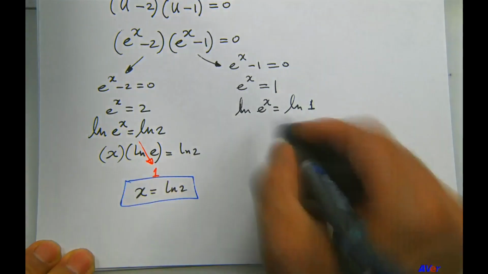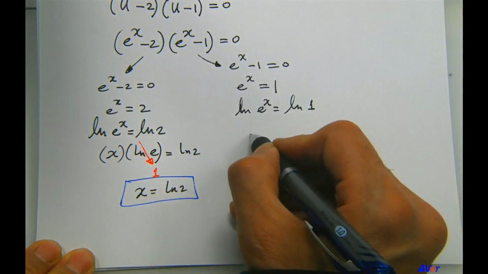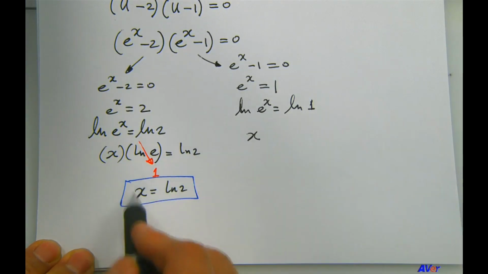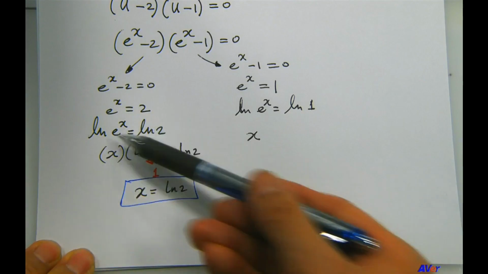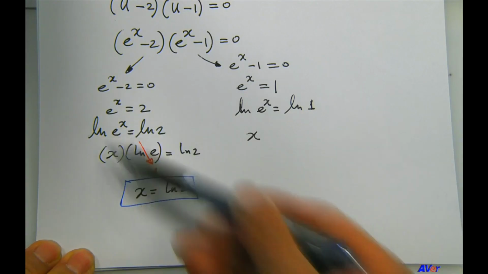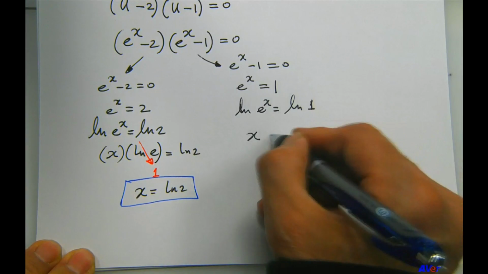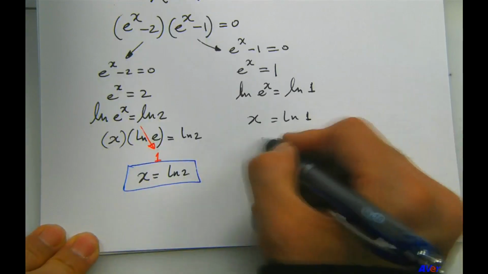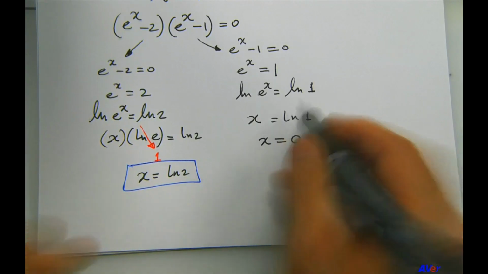Similar to the transition from here to x, we have x equals natural log of 1, which is 0. I should have actually written down zeros, but x equals 0.